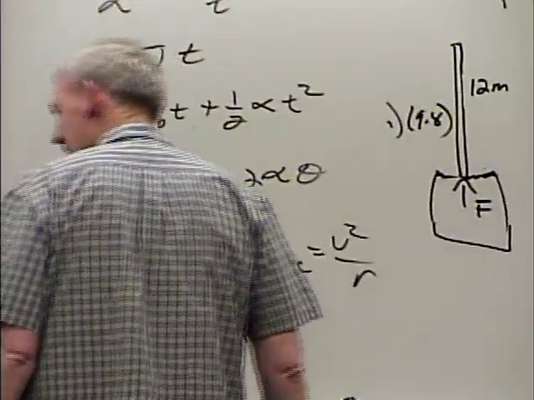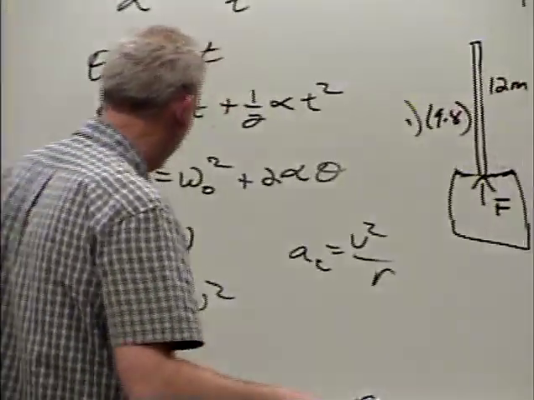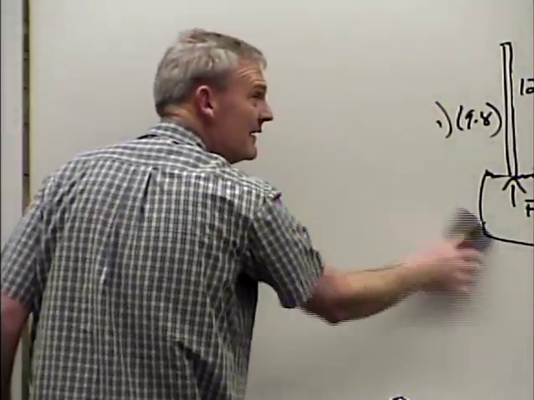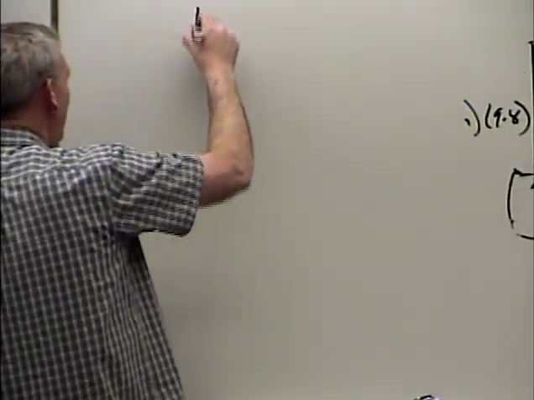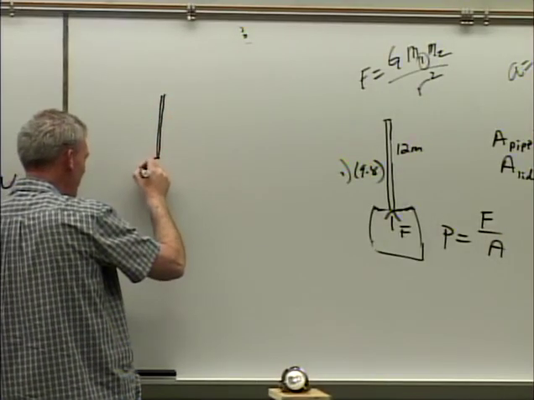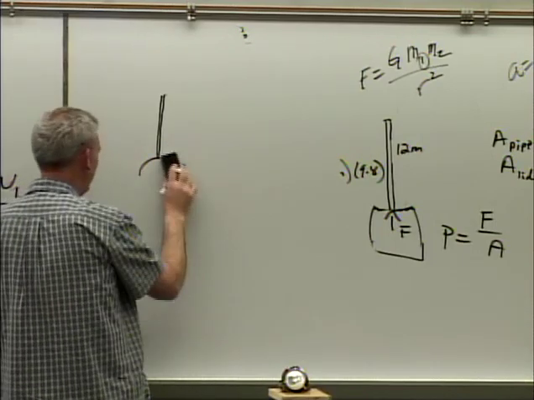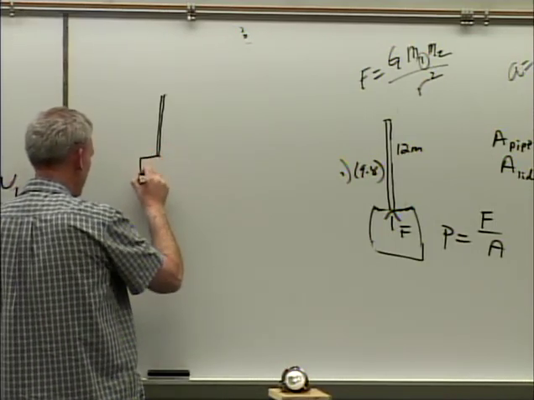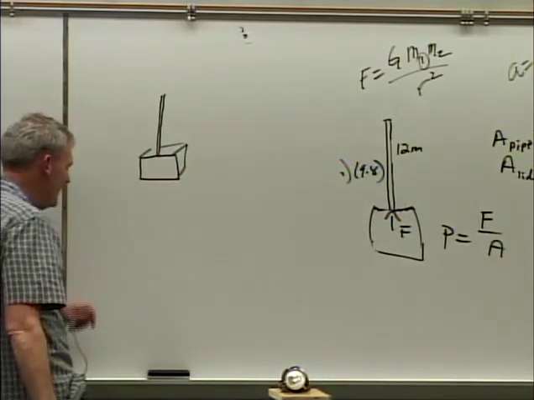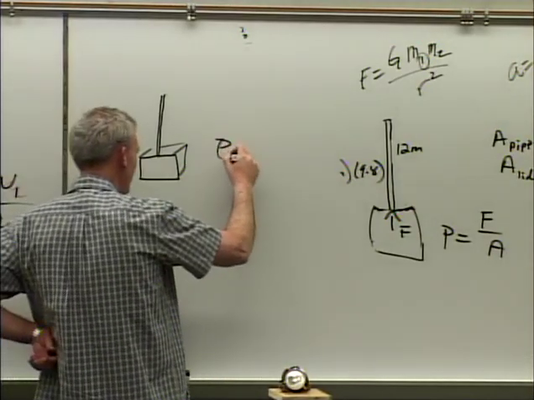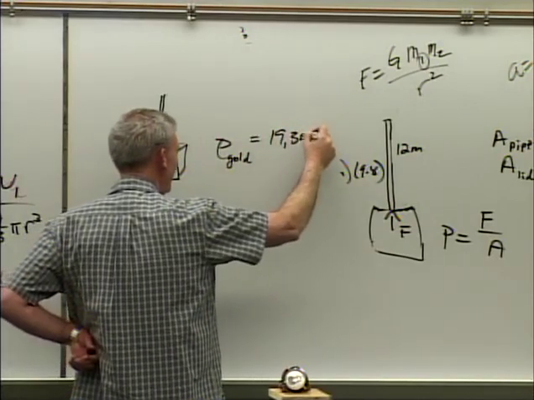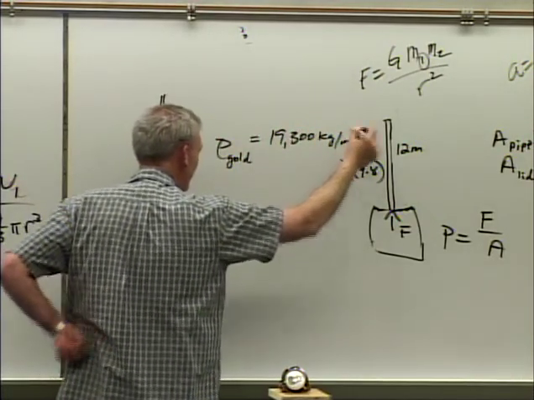Here, let me draw it. Expect something like this. I've got a copper rope hanging down like this, and I don't know what kind of thing I'm going to get. Let's put a gold cube here. The density of gold is 19,300 kilograms per meter cubed.